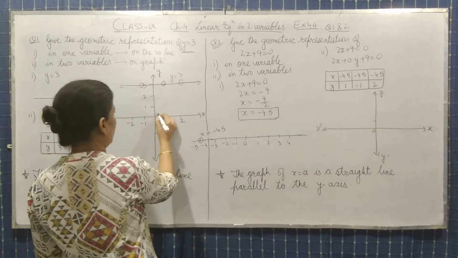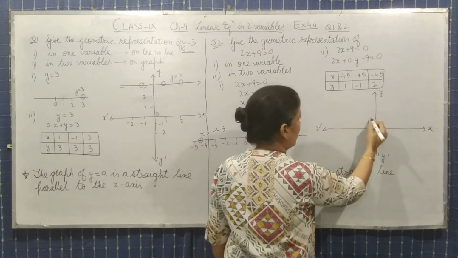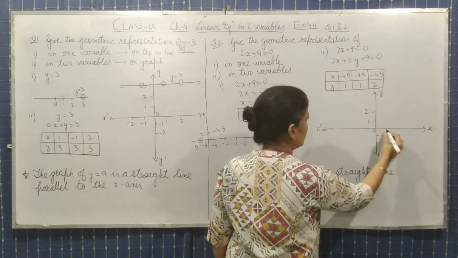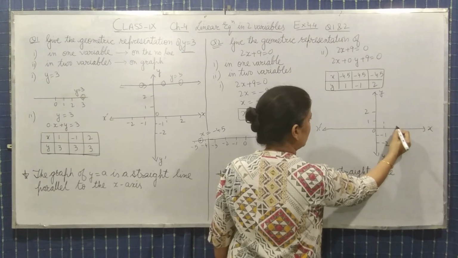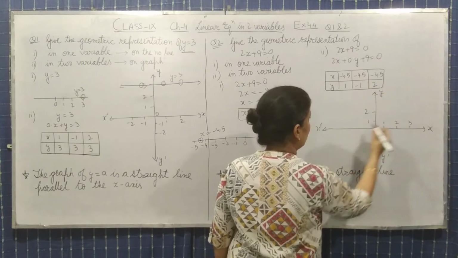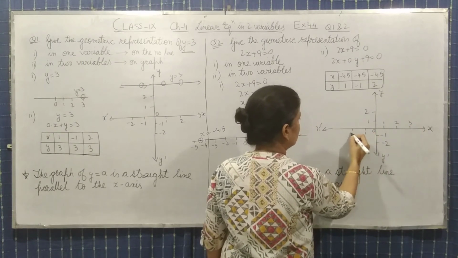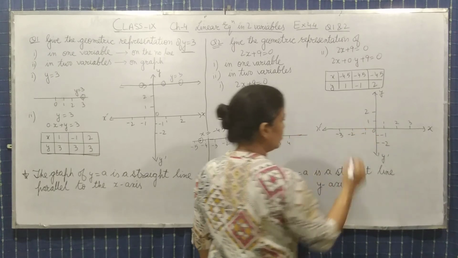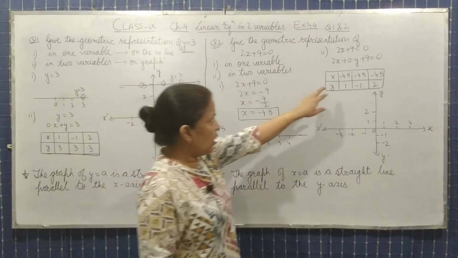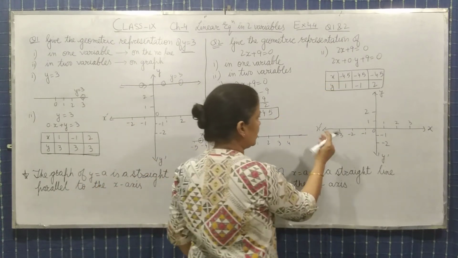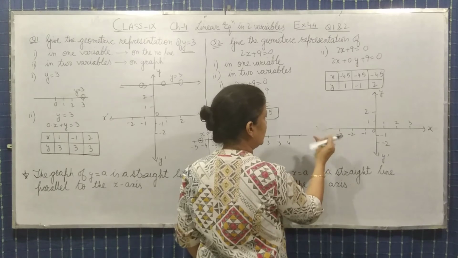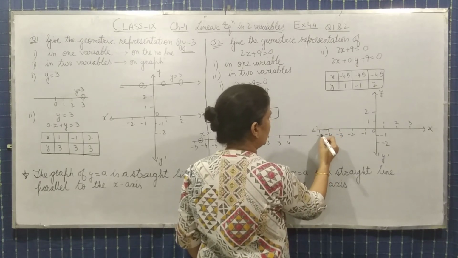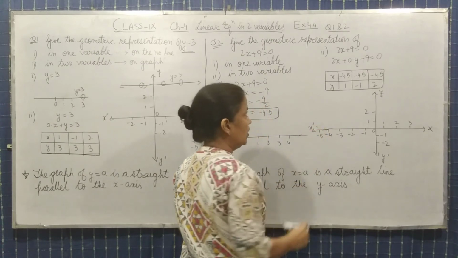Here also, don't forget to write 0, 1, 2, minus 1, minus 2, 1, 2, 3, 1, 2, minus 1, minus 2 and minus 3. Come to the first one. Here it is. We have to go a little bit further, then minus 4 and minus 5.